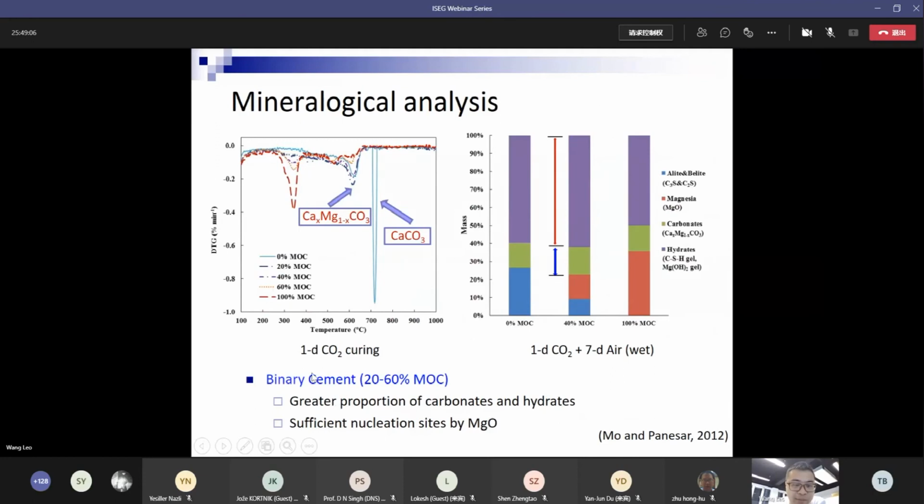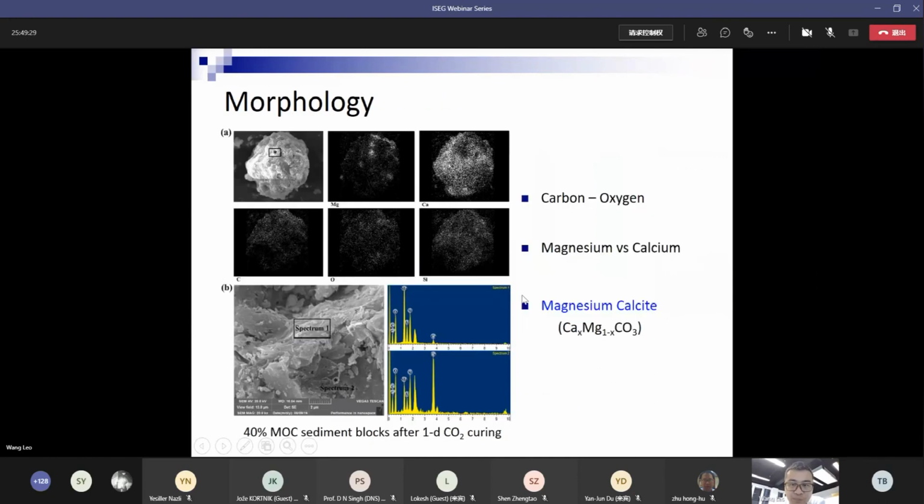From the TGA result, we can find a greater proportion of carbonates and hydrates in the binary cement system, because the MgO in the binary system can provide nucleation sites to improve the carbonation.